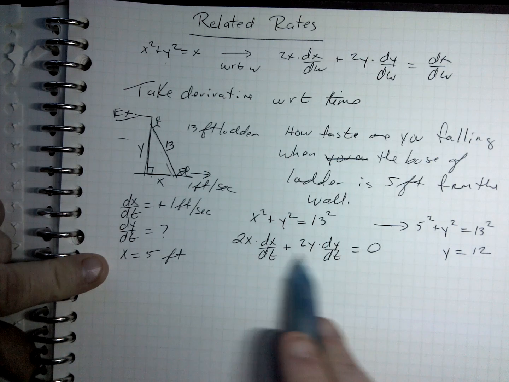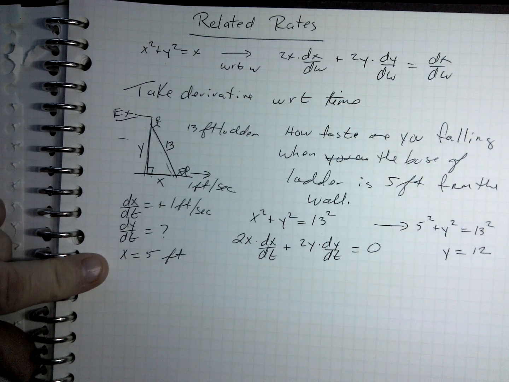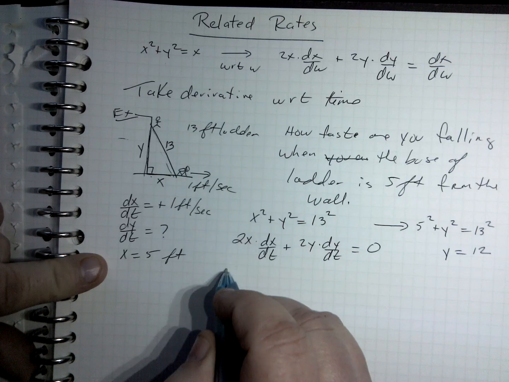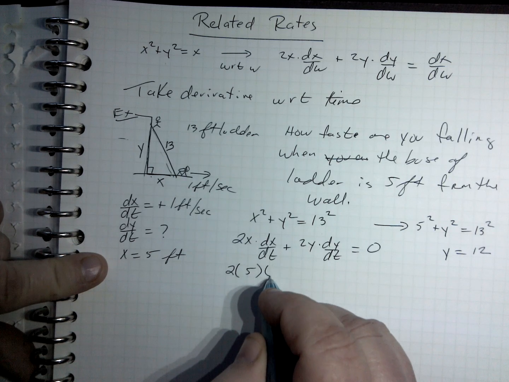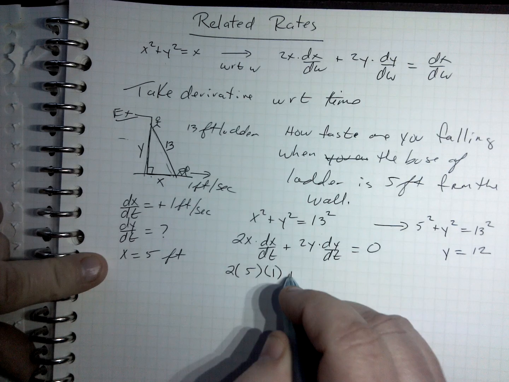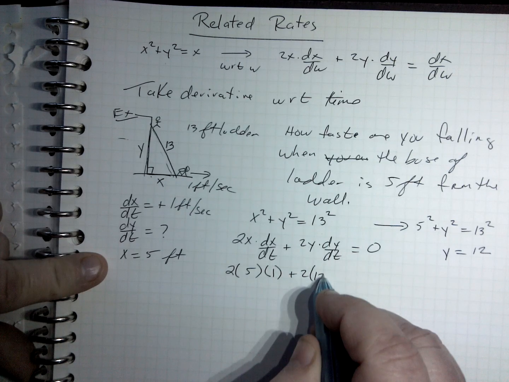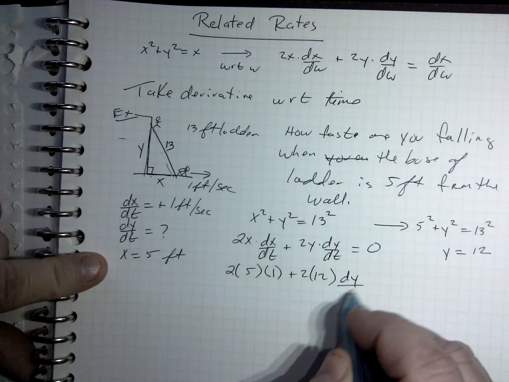So now I've got 3 of the 4 variables. I plug in and I can solve for the 4th. So I have 2 times my x, which is 5. dx/dt is 1. That's nice. My y is 12, and dy/dt is what I'm looking for.